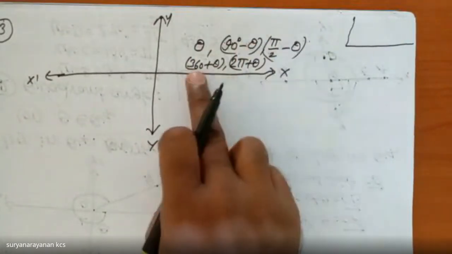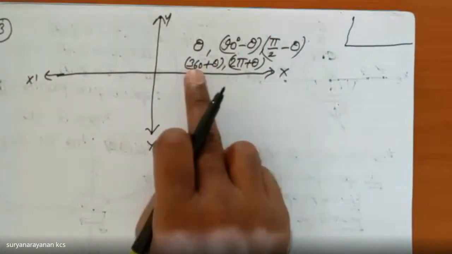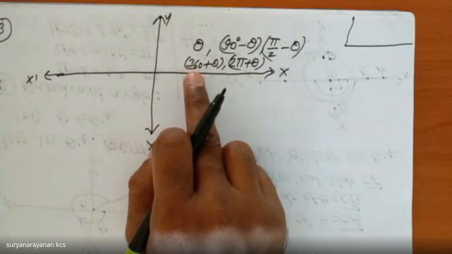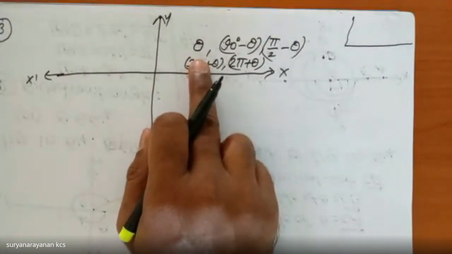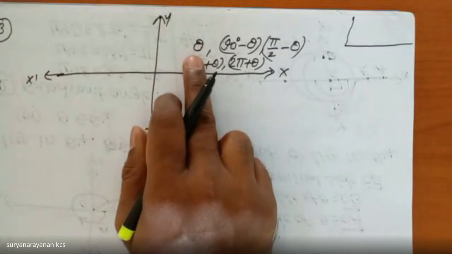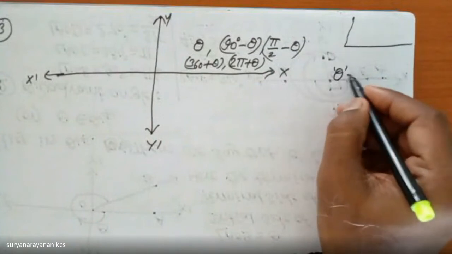All these 5 angles, if anyone gives an angle in this form, theta should be an acute angle. Please remember this point.